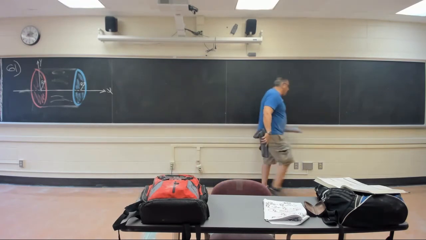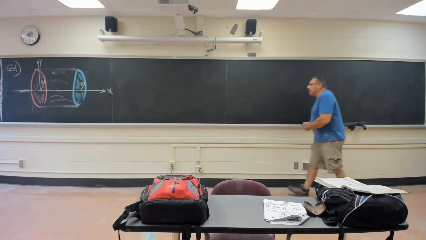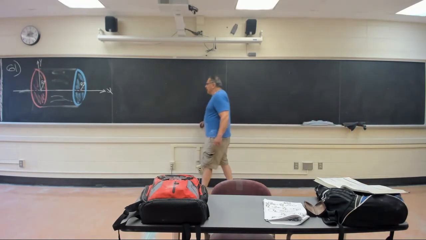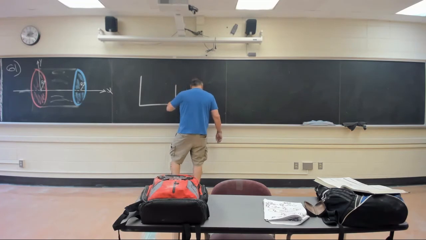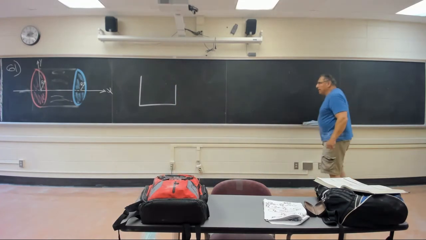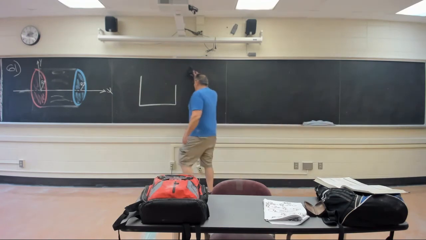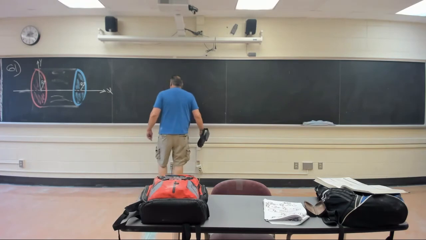Let's say you're looking at a positively charged plate. It can be circular, rectangular, triangular, whatever you want, but let's pretend it's really big.